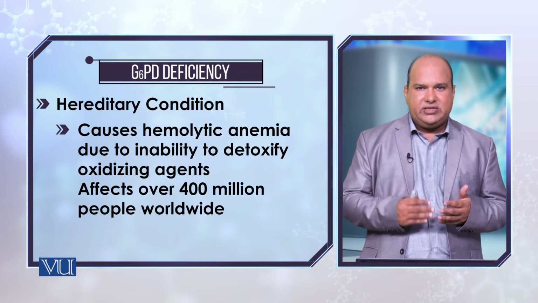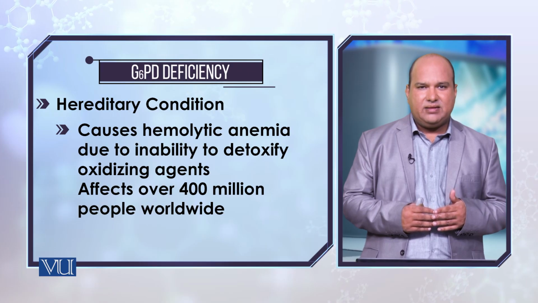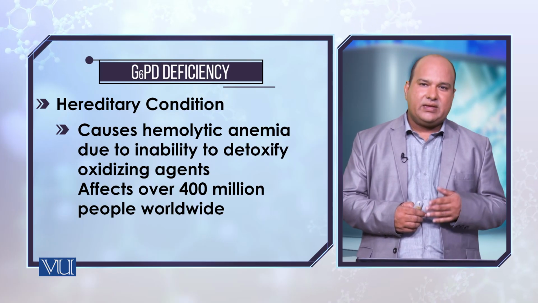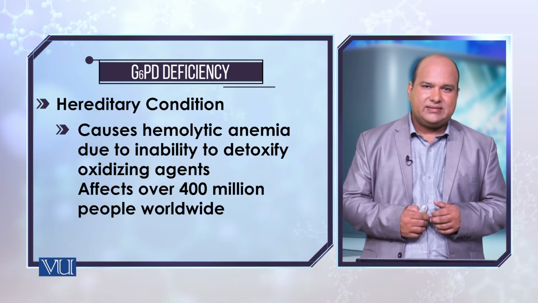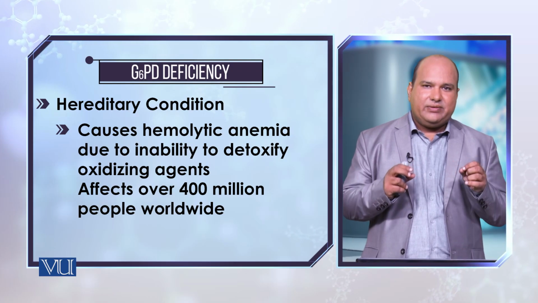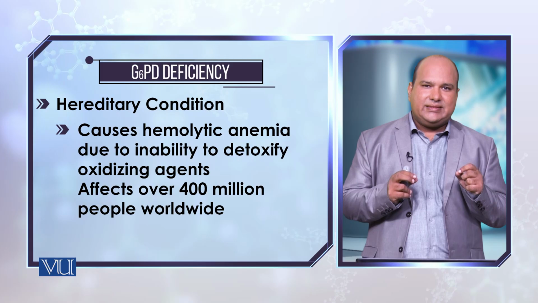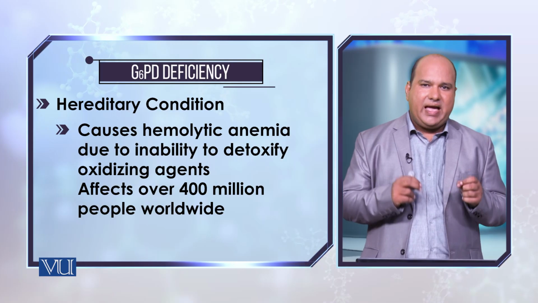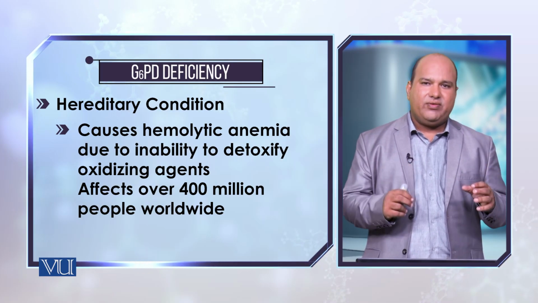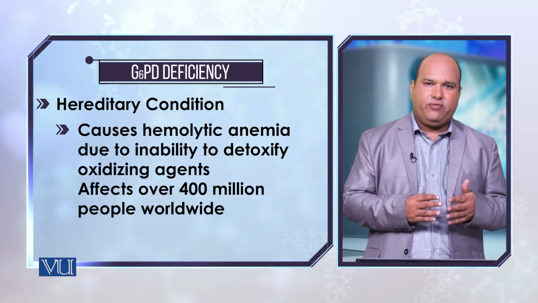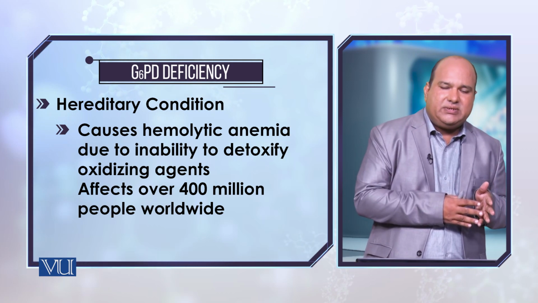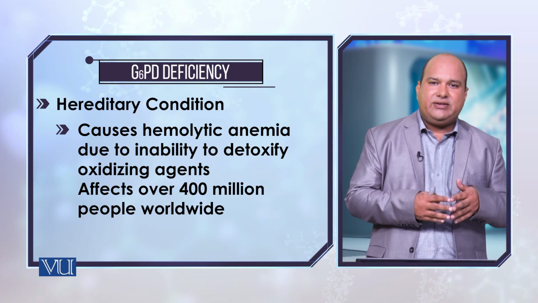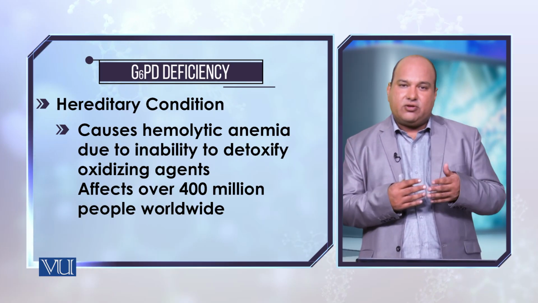One reason behind this hemolytic anemia, because of the defect in G6PD, that is glucose 6-phosphate dehydrogenase, is that, as I have already told you, one of the products of the action of this enzyme is NADPH2, and NADPH is involved in the neutralization of reactive species, free radicals. It is involved in detoxification. It acts as a detoxification agent.